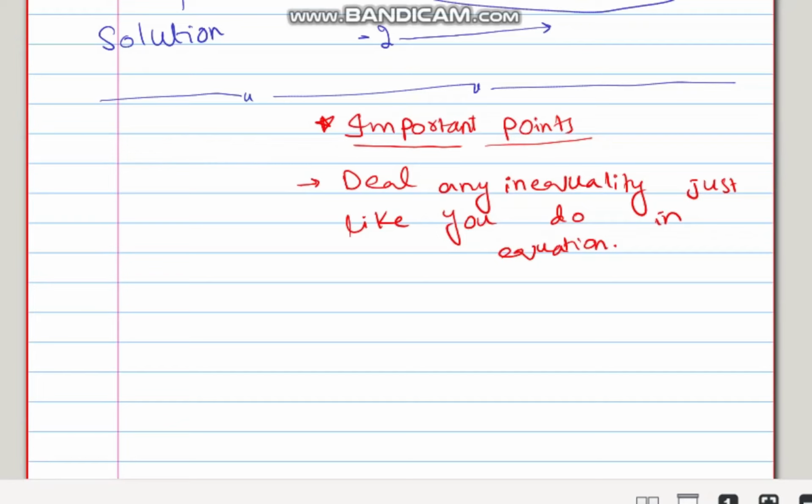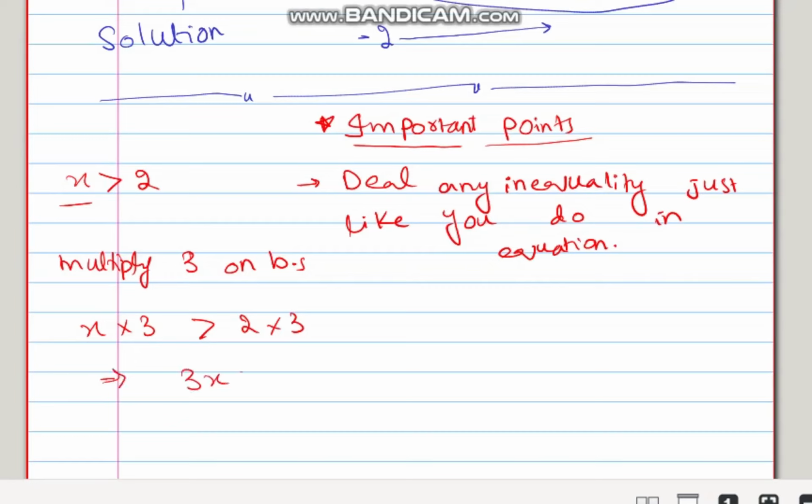What do we do in an equation if we divide or multiply some number on both sides? If I want to multiply 3 on both sides, I will do x multiplied by 3 greater than 2 multiplied by 3, and it will become 3x greater than 6.